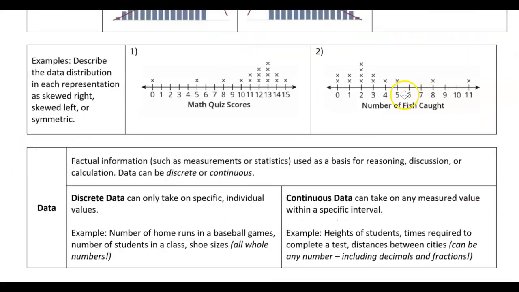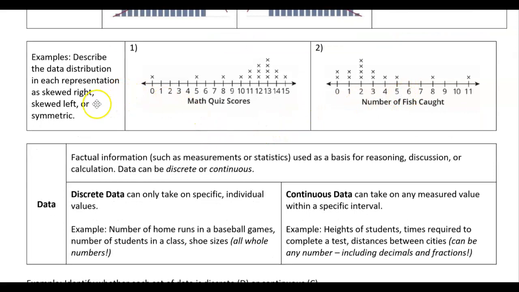So if we look below, we've got these examples of some data distributions. We've got these math quiz scores. Most of them are lumped to the right side. So the majority is to the right, the tail's to the left.